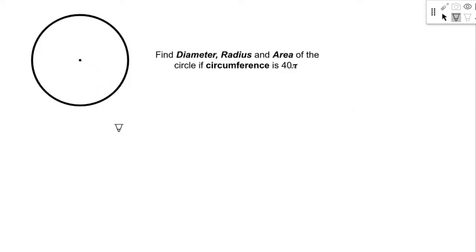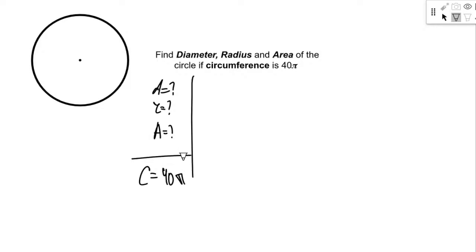And that's the next question. We need to find the diameter, radius, and area of the circle if the circumference is 40π. Okay, we need D, we need r, we need area, and we have C equals 40π. Since we know that circumference equals πD, we can write πD equals 40π.